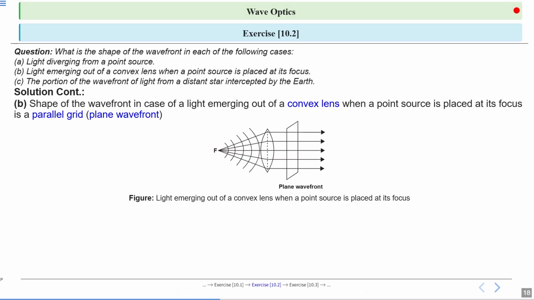It is known as a plane wavefront, which is perpendicular to the direction of propagation of light. Got it? So this is the plane wavefront that emerges after refraction through the convex lens when the point source is placed at the focus.